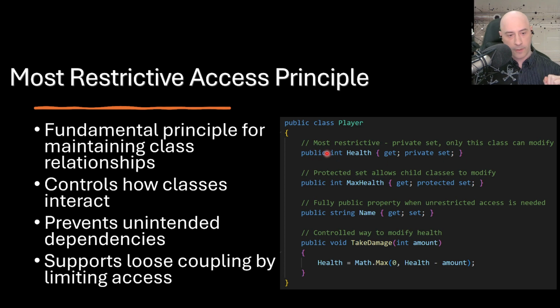If we didn't set private here, this would be public set. Instead, we have to override the public with another modifier, like private or protected, and here we keep it public.